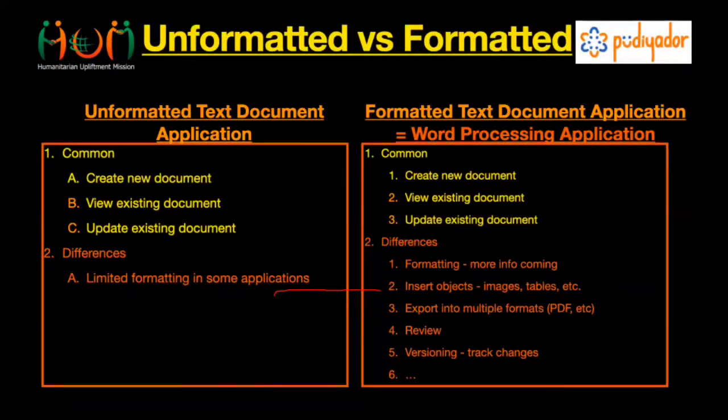On the formatted text document side, I will show you today that the amount of formatting you can do is so much that you can keep making a document look better and better, more and more sophisticated. Sophisticated is a nice word for complex. Okay, complex means not simple.